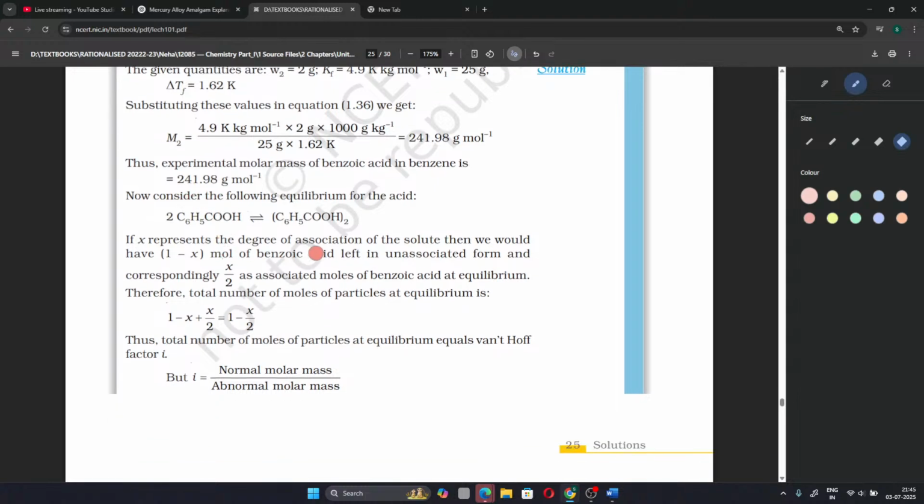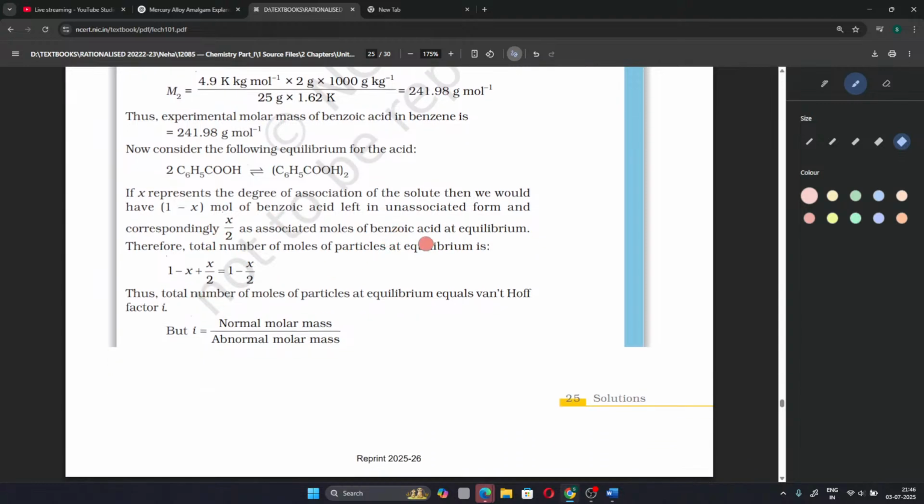Now consider the equilibrium of the reaction. It gets dimerized. If x represents the degree of association of the solute, then we would have 1 minus x mole of benzoic acid left in unassociated form, and correspondingly x by 2 moles of associated benzoic acid at equilibrium.